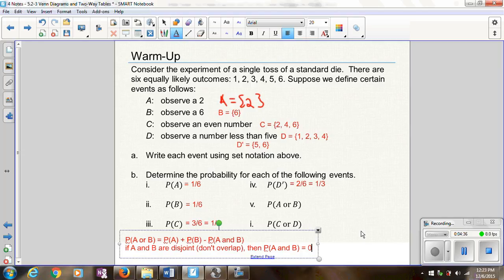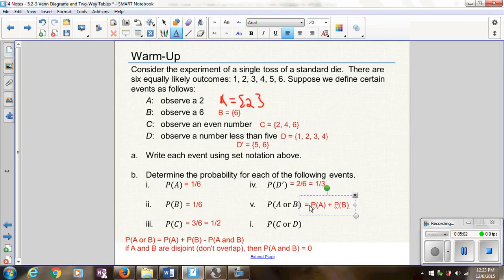I just have to add the 2 probabilities. So let's think about the probability of A or B in this case, where A is observing a 2 and B is observing a 6. These events are mutually exclusive because you can't roll a 2 and a 6 at the same time. So in this case, I can just add the probability of A plus the probability of B.